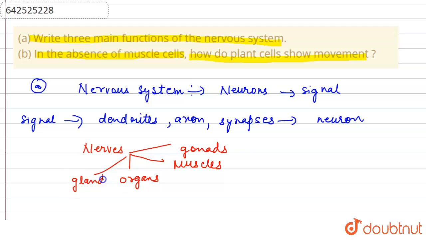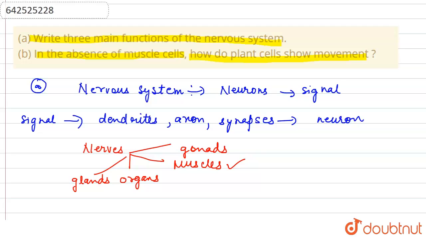The role of the nervous system is to control the activity of everything in our body. If there is a secretion of a certain hormone, it is regulated by the nervous system. If a muscle needs to contract, it is controlled by the nervous system. If the organs need to do something, it is controlled by the nervous system. So the nervous system is the control center of our body.